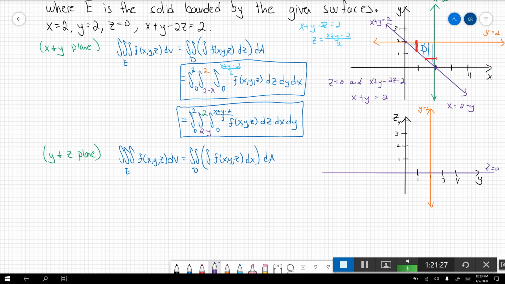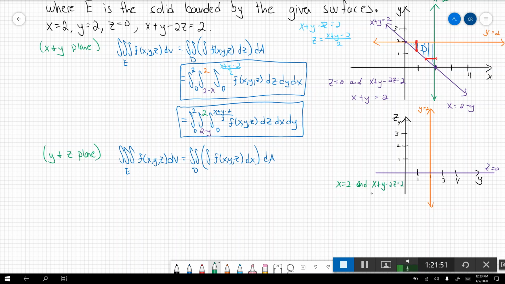The last equation I'm going to be looking for is one that I haven't used just yet. The equations we haven't used are x is equal to 2 and x plus y minus 2z is equal to 2.